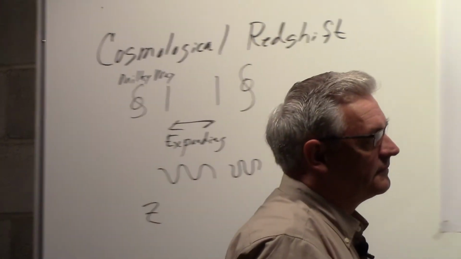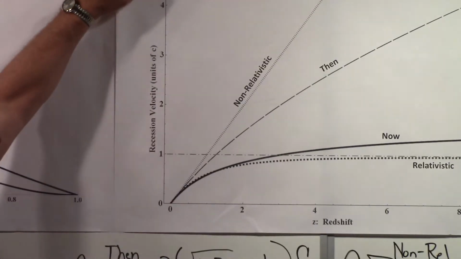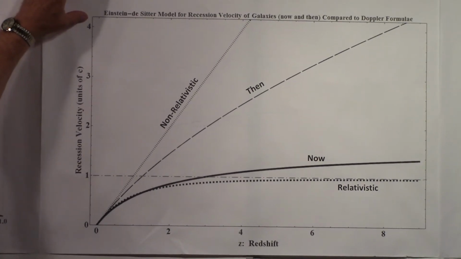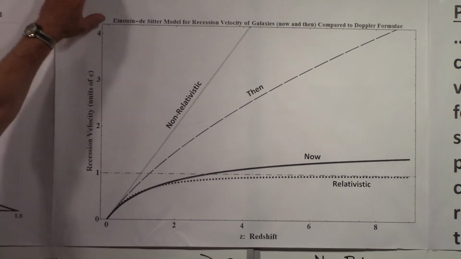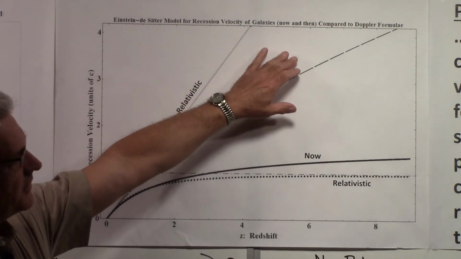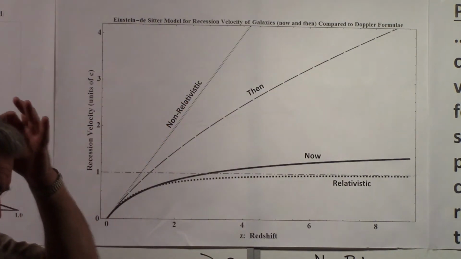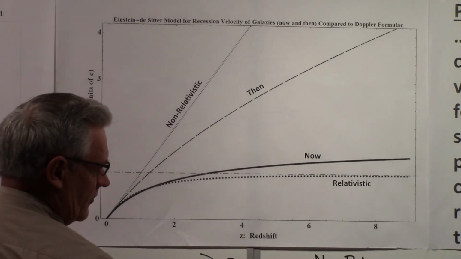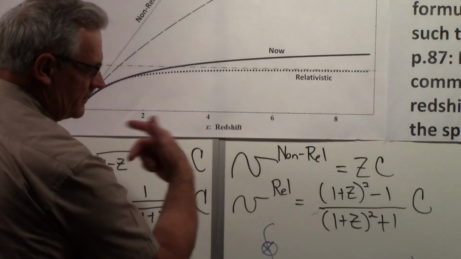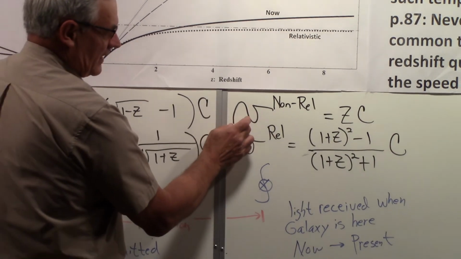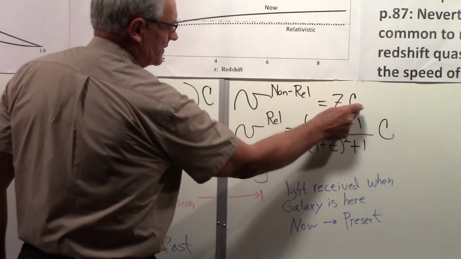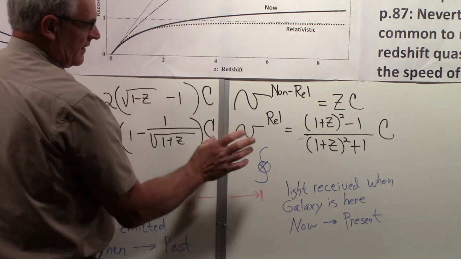And over here, we're showing the Einstein-de Sitter model for the recession velocity of galaxies associated with a now and then, which I'll explain, compared to the Doppler formula. So here's the Doppler formula. This was the case that we showed earlier, where the velocity in the non-relativistic case was equal to z times c.